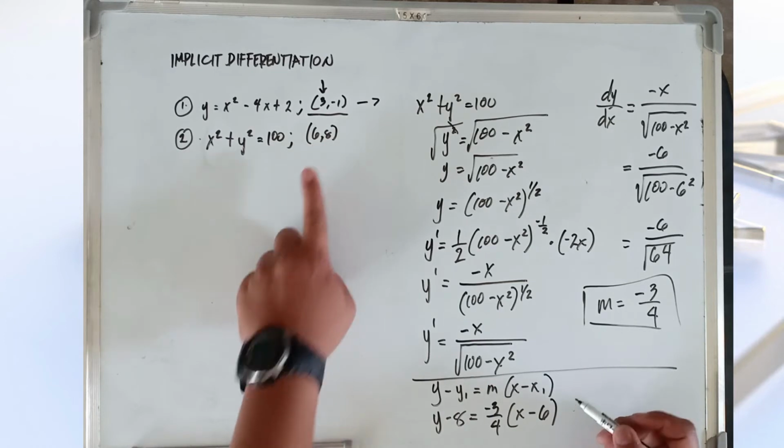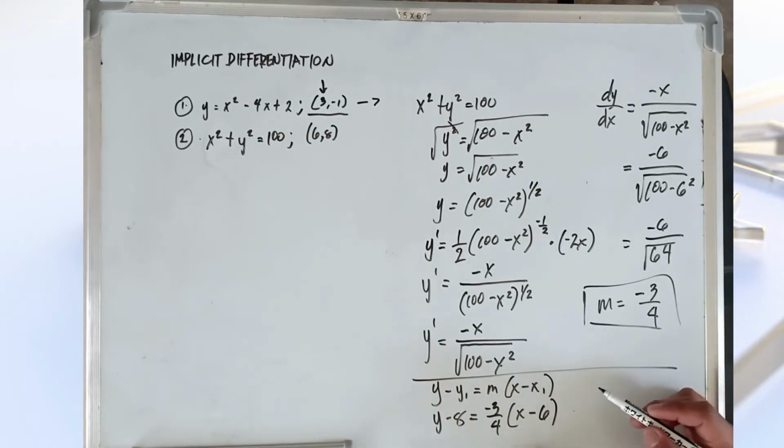So do you get that? So this will be equal to, let's cross multiply, 4y minus 32 is equal to, then let's distribute the 3, negative 3x plus 18.